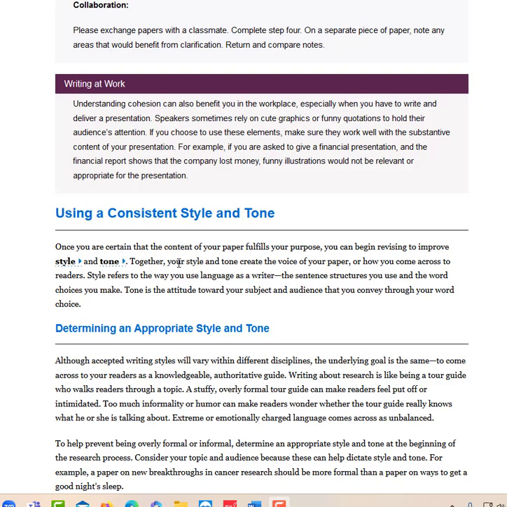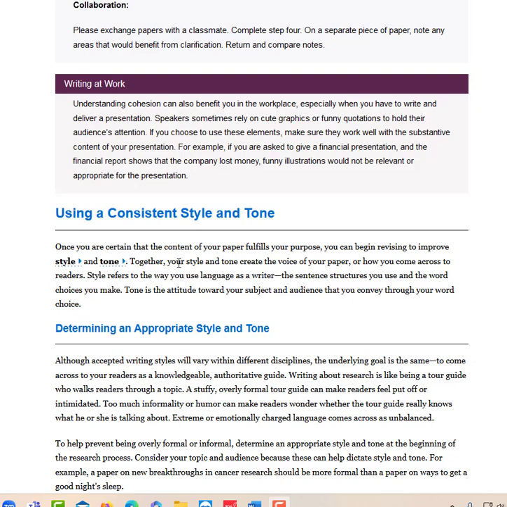Determining an appropriate style and tone. Although accepted writing styles will vary, the underlying goal is the same: to come across to your readers as an authoritative guide. Writing about research is like being a tour guide who walks their readers through a topic.